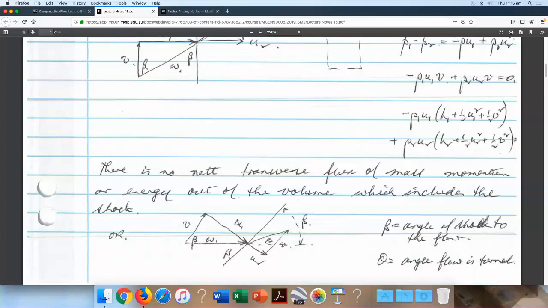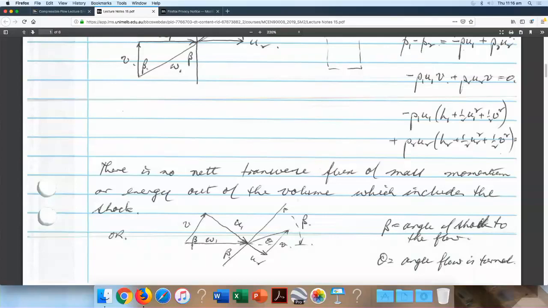Okay, so beta becomes the angle of this flow, W1, which is the sum of this flow field plus this velocity field. These two velocity components lead to this velocity. And now beta is the angle of the shock to the flow, and theta is the angle through which the flow has to turn if this is a shock wave.